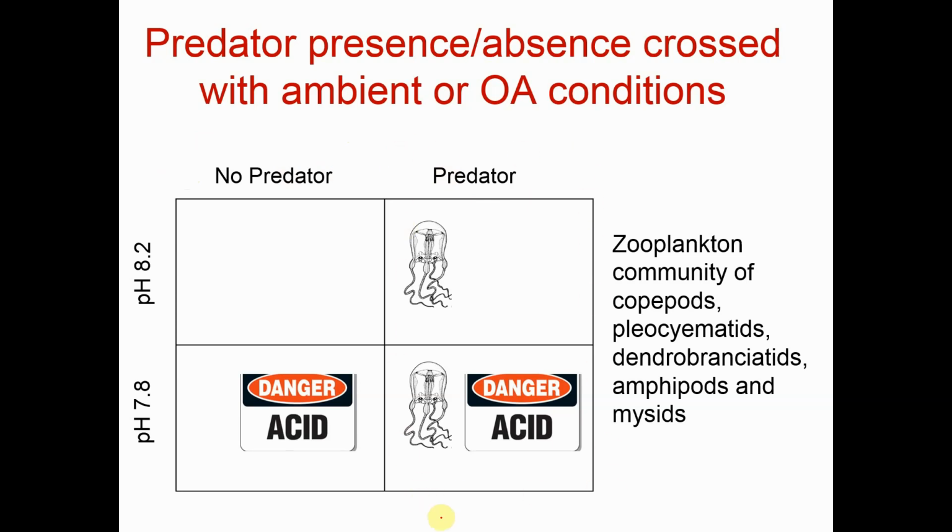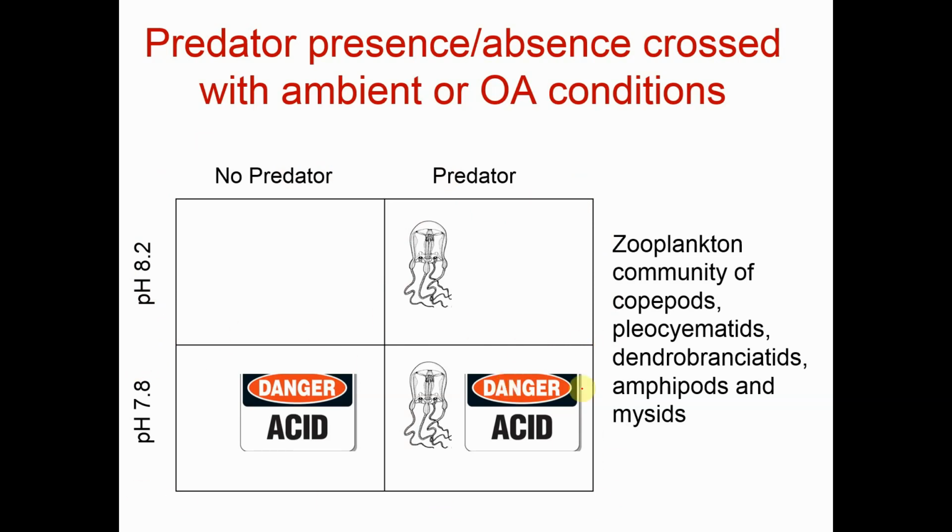We also have experimental replicates where we have ambient pH, which in the case of this experiment, conducted in Sydney, the pH of the ocean in Sydney, Australia is about 8.2. And also we have conditions where the pH was acidified and dropped to 7.8. So these are the acid versions.